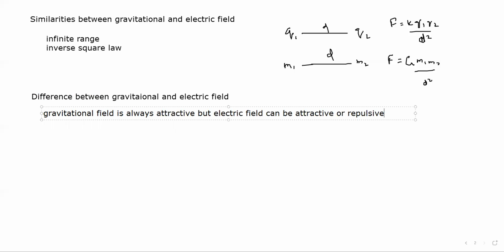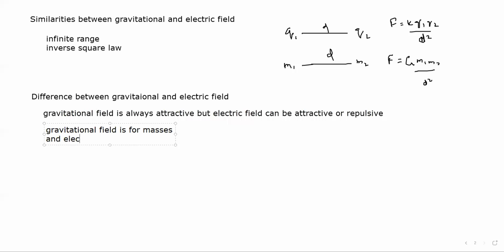And the origin of these fields: the gravitational field is the region in which masses experience a force, and the electric field is a region where charges experience a force. So the gravitational field is for masses. When there is a mass, there is matter, there is a gravitational force.